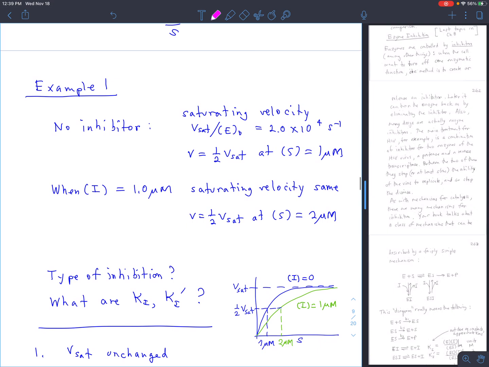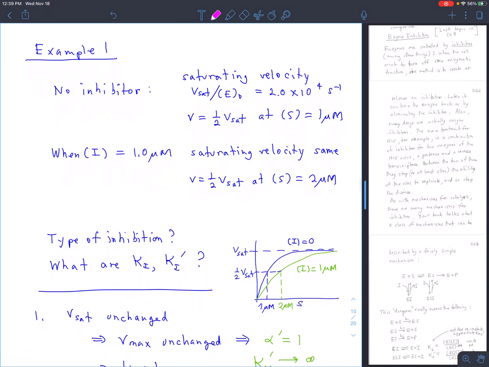I will consider first a very simple case. There's some enzyme E, and when there's no inhibitor present, we find that the saturating velocity per unit enzyme, so this is basically kcat, is 2 times 10 to the 4th seconds to the minus 1.